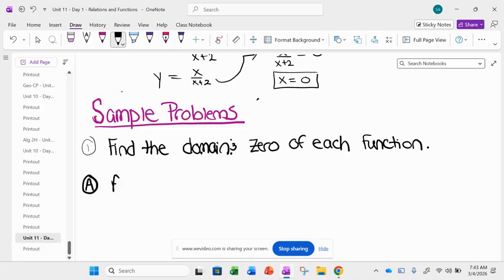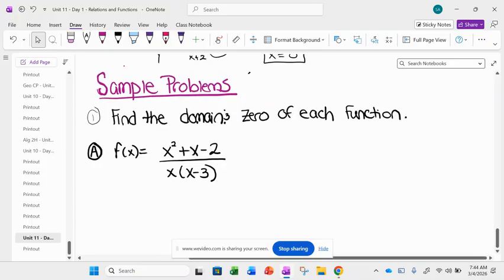So the first one's going to be f of x is equal to x squared plus x minus 2 over x times x minus 3. So you tell me, is there going to be a restriction on the domain? Absolutely. How do we know there will be a restriction on the domain? Good. There's a variable in the denominator.